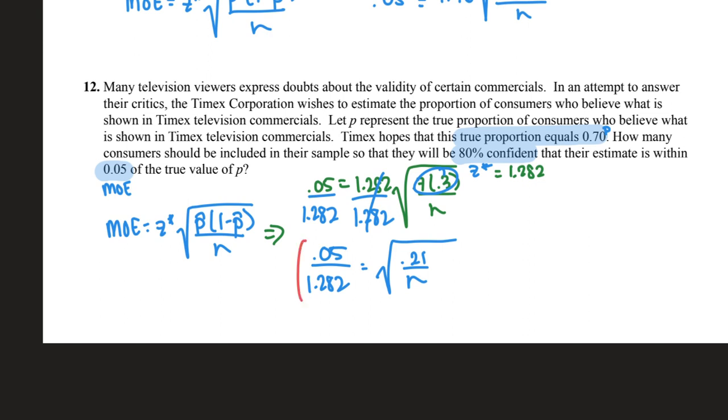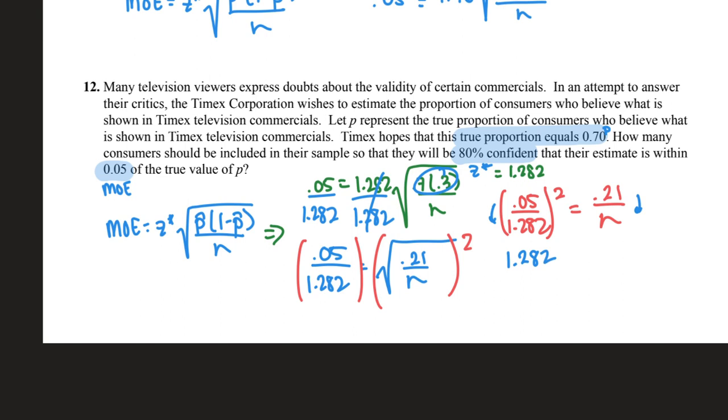Okay, now we're going to square both sides. So now we have 0.05 over 1.282 quantity squared equals 0.21 over N. And then from here, we're going to take the reciprocal of both sides so we can get N on top. So on the left-hand side, we're just going to flip the numerator to denominator.